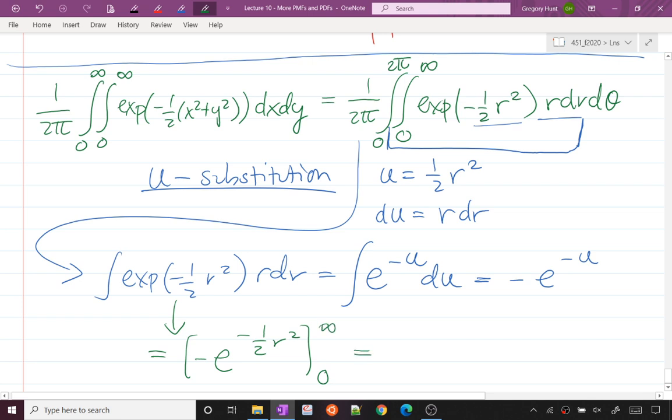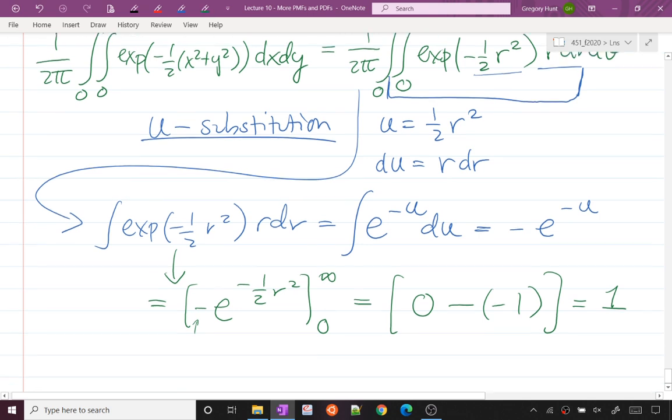At infinity, let's do the top one first, this thing basically goes to 0, because it's e to the negative value. Bigger, bigger negative value. It's 1 over e to some large value. This thing goes to 0. Subtract off, at 0, it's just 1. But it's minus 1, because we have this minus sign up front here. So I get 1. Well, that's nice.